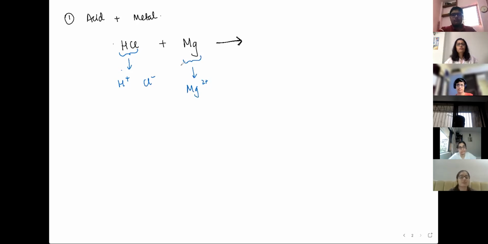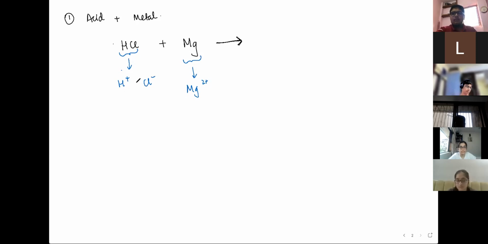Okay. Now, what sort of ions attract each other? Like what charges attract? What charges repel? Opposite charges. Yeah, opposite charges attract. So H plus Cl minus agar attract kiya, so you get HCl back. So what is the other possibility? MgCl2. Very nice. So Mg2 plus and Cl minus attract each other because they are oppositely charged.